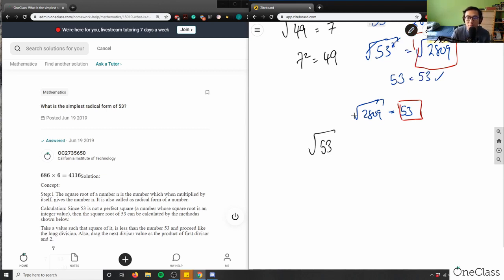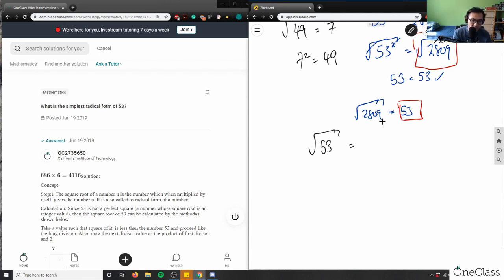How I would do this problem is, I would look at 53 here and think about what the factors of 53 are. I don't know if 53 is factorable. Let me just check.